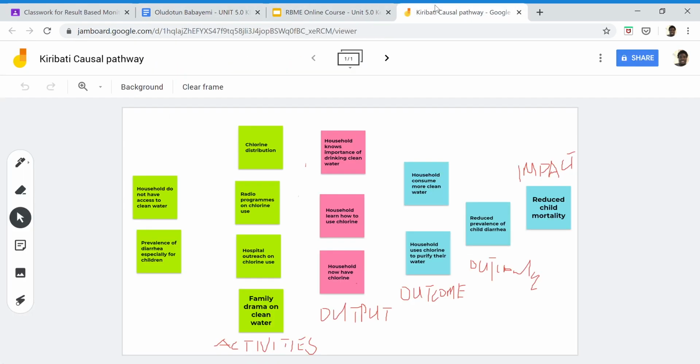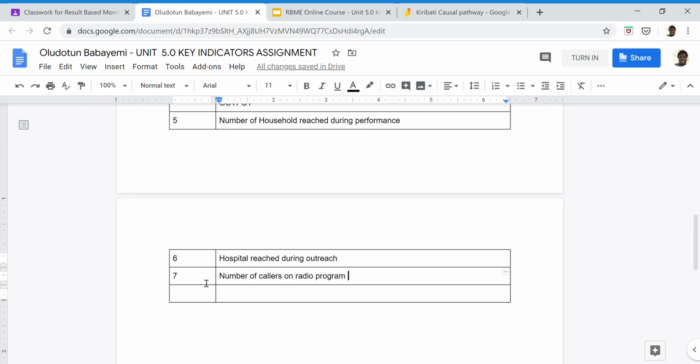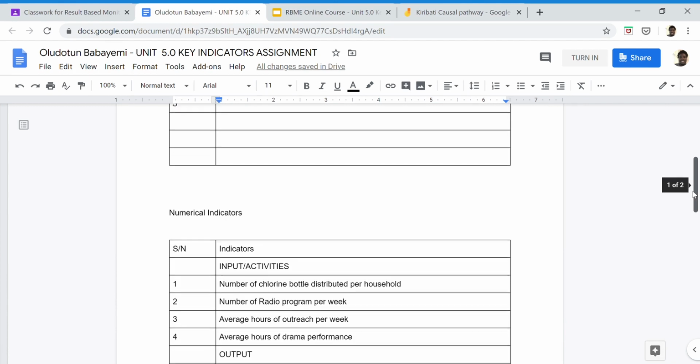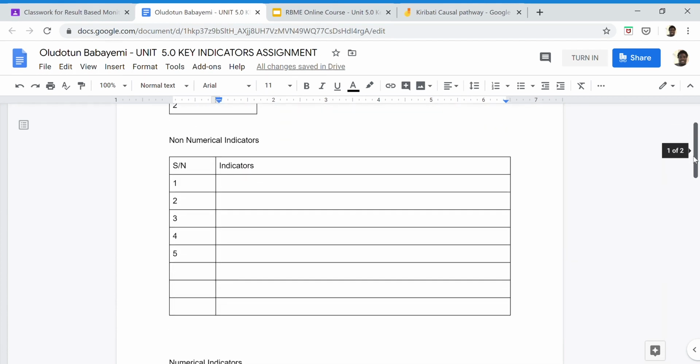And you can also see the number of households. This is interesting because you really get to know what's going on in that way.